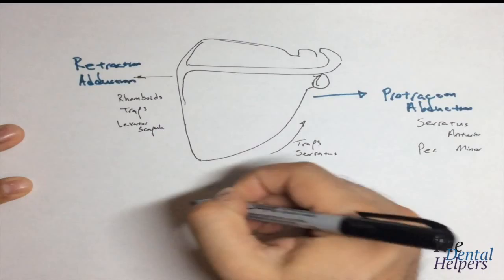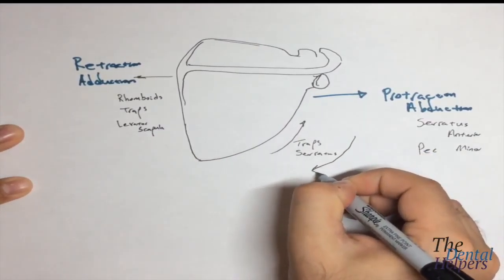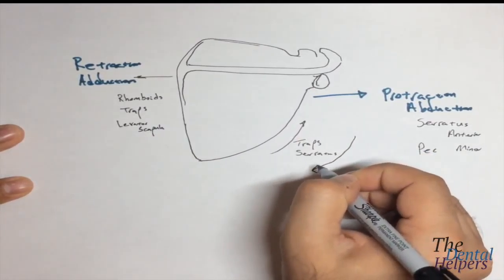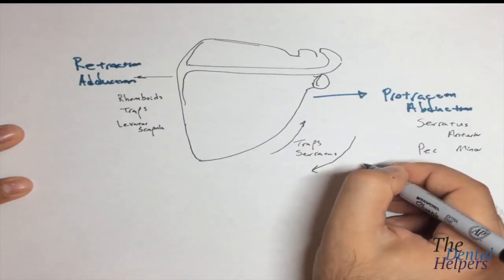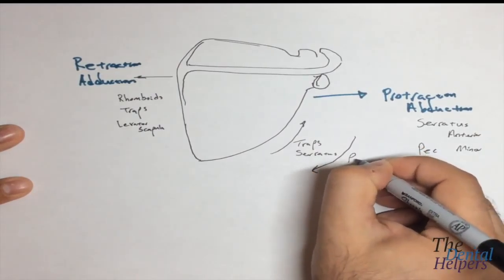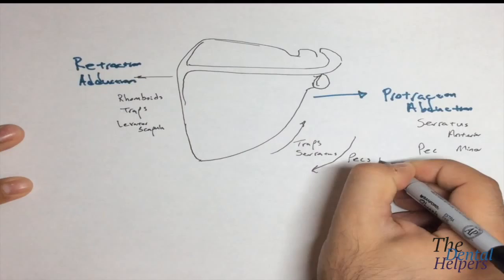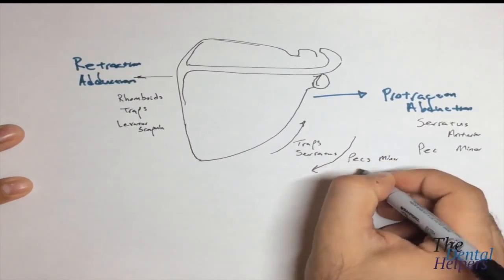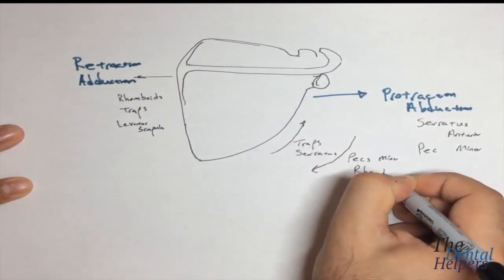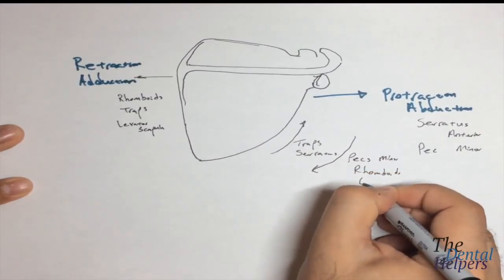Now if we're going to roll them down, so basically we're kind of rolling our arms down, the muscles are going to be your pec minor, your rhomboids, and your levator.